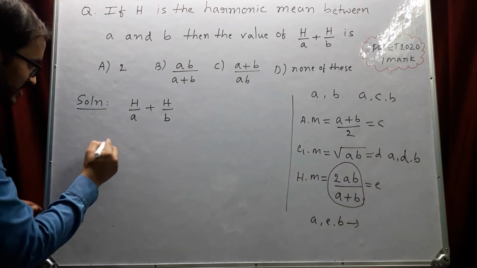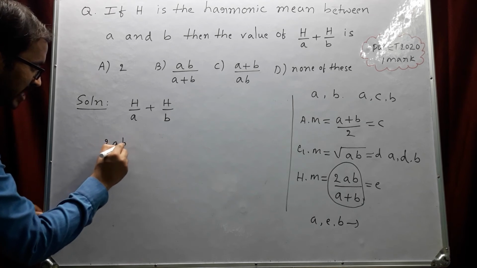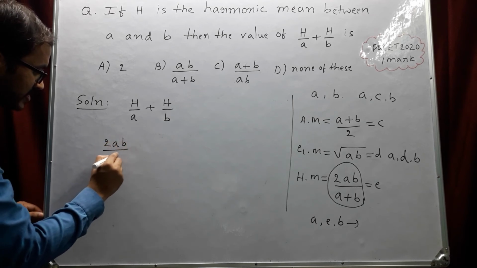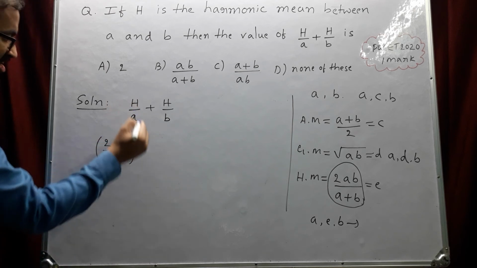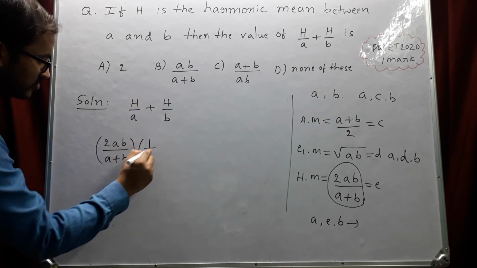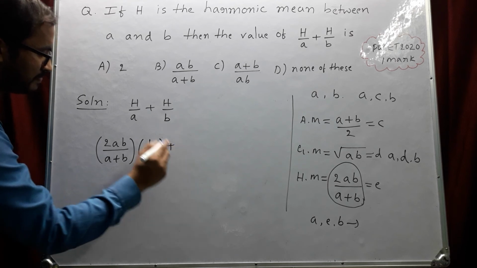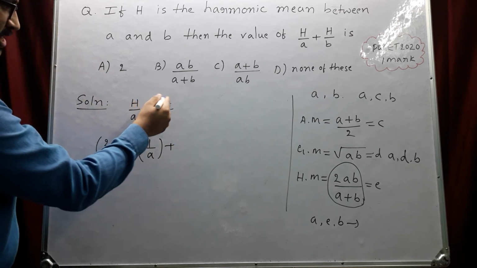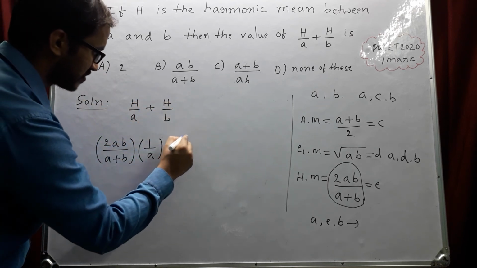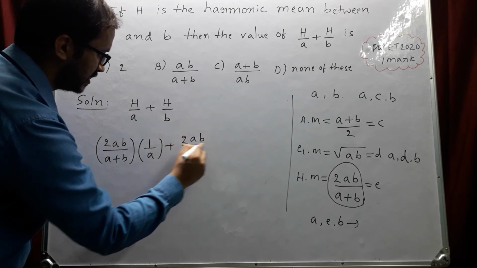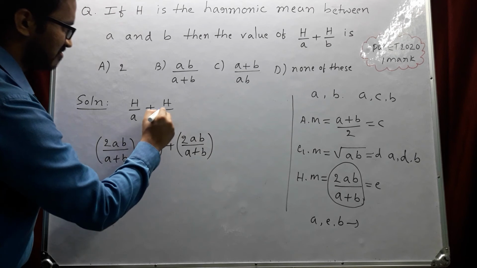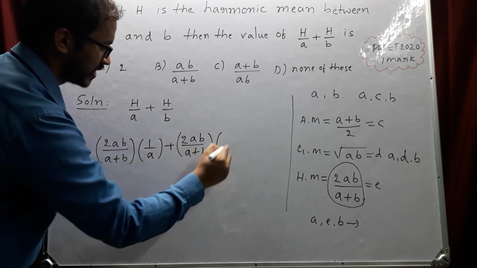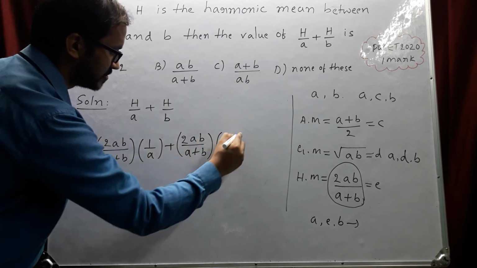So I can replace h by 2ab by (a plus b). So this is h divided by a, into 1 by a, plus again h, which is 2ab by (a plus b), divided by b, so I can write it as into 1 by b.